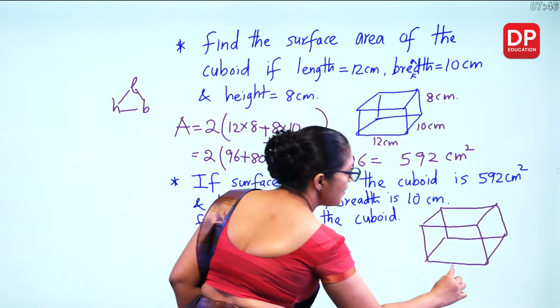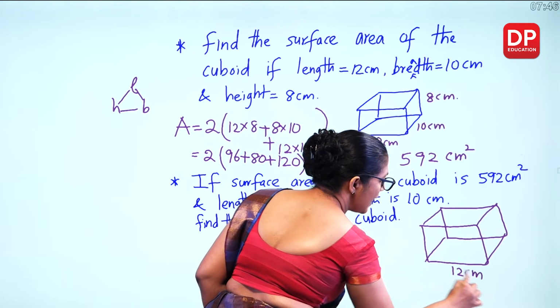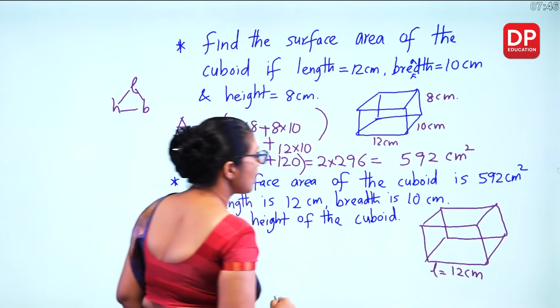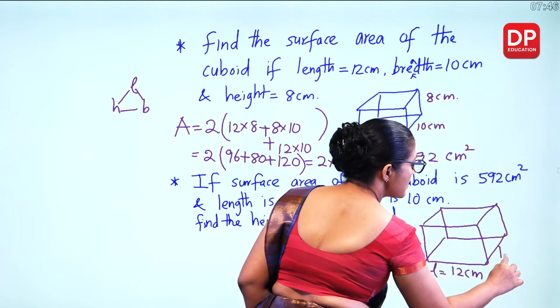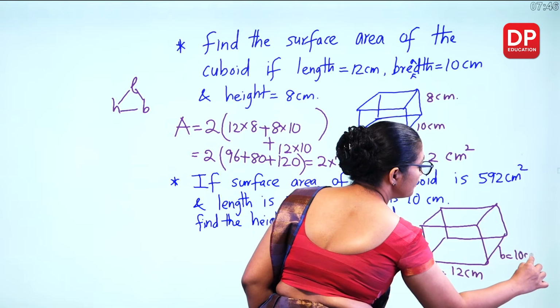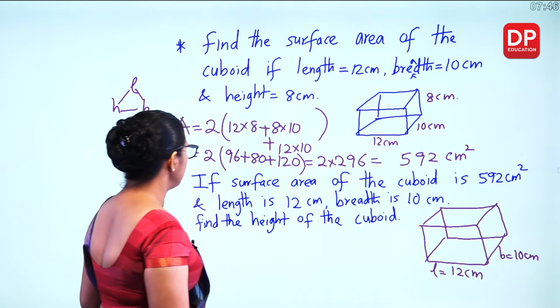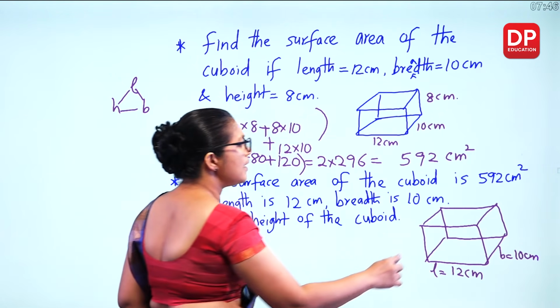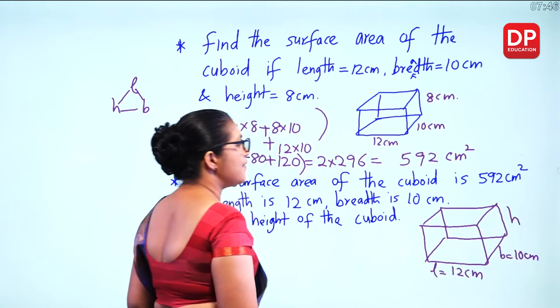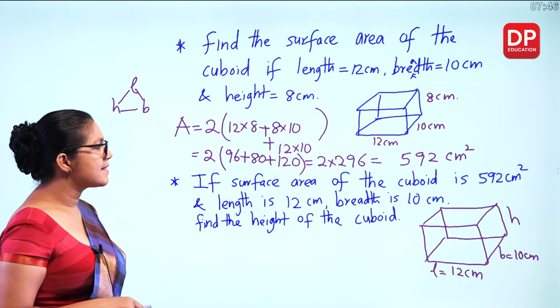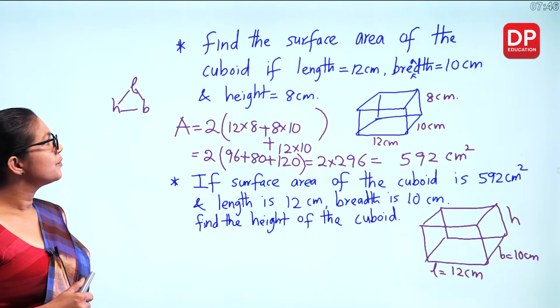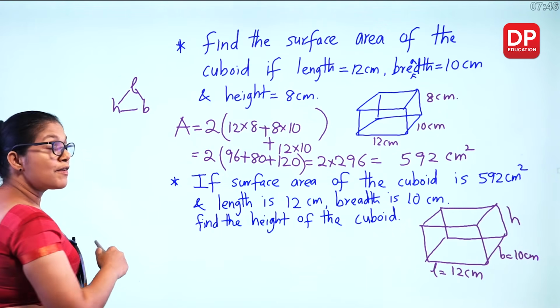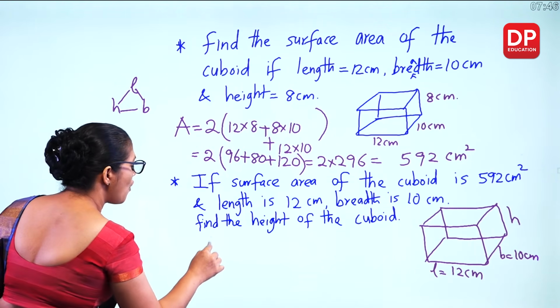Here length is given 12 centimeters, so that's L. And breadth is given 10, that's B. And you don't know the height. And the total surface area is given 592. So how can we find out? We can use the formula.